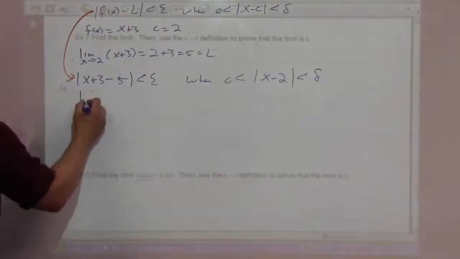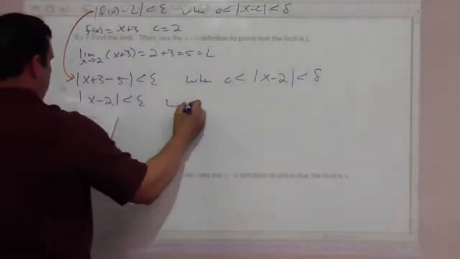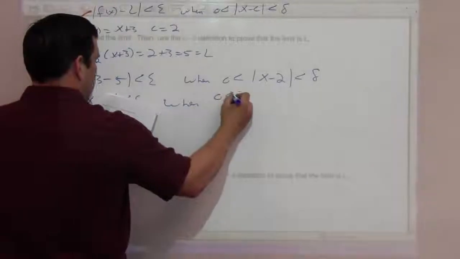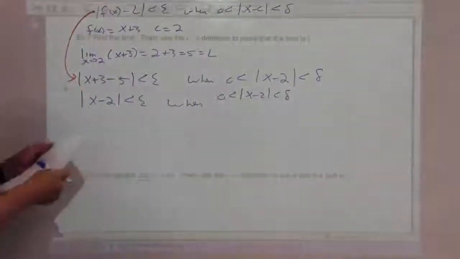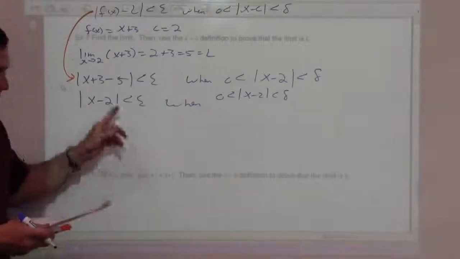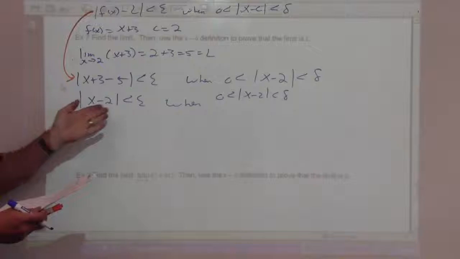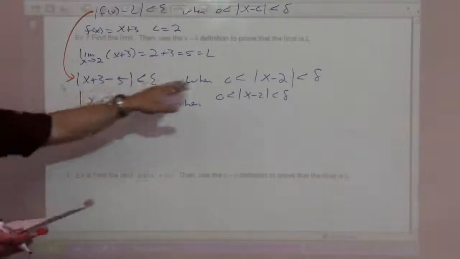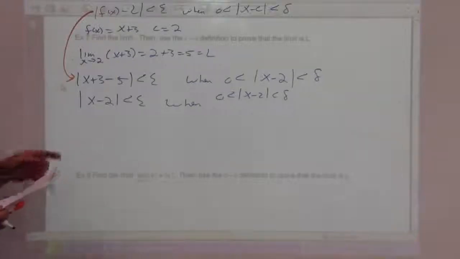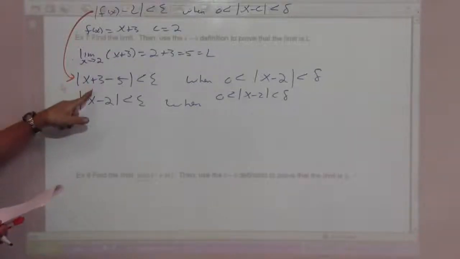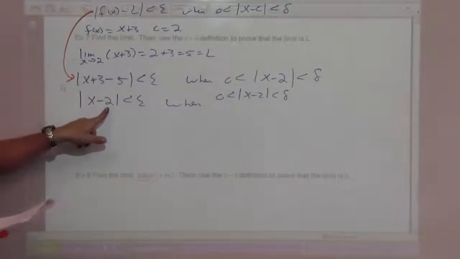So the absolute value of x minus 2 is less than epsilon when 0 is less than the absolute value of x minus 2, less than delta. Now, our choice of delta depends on epsilon. We need to establish a connection between the absolute values here and there. So the absolute value of x plus 3 minus 5 becomes the absolute value of x minus 2.